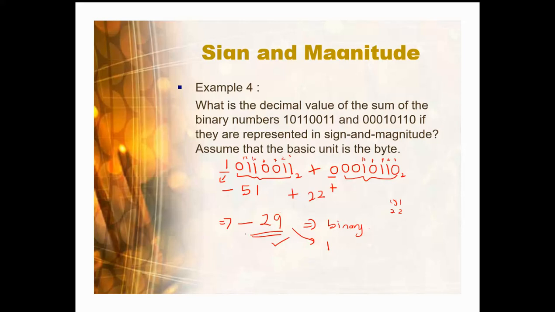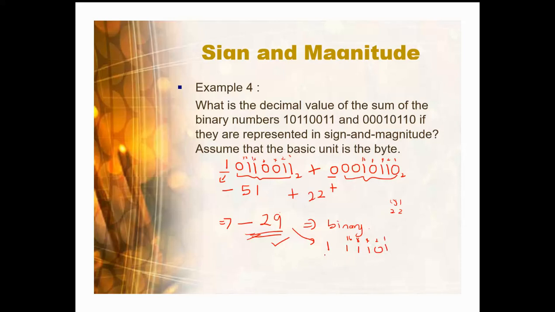Okay, so jawapan dia. Okay, negative 29. So negative 29, so the leftmost bit should be negative, should be sign 1. So 29 ni, the magnitude ni awak tukar kepada binary. So awak kena tukarlah. So 1, 2, 4, 8, 16. Okay, so 1, 1, dah 24. 24 campur 4, 28 campur 1, 29.